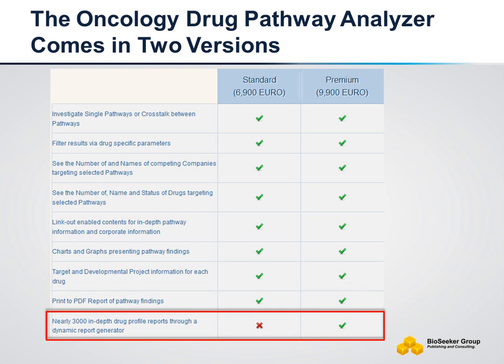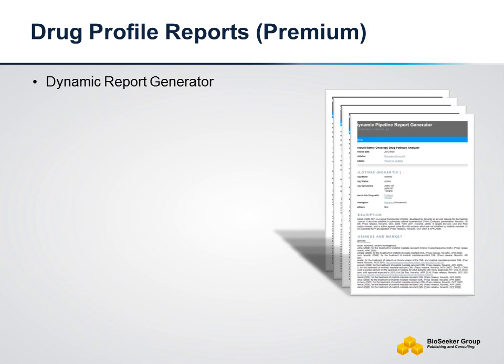The additional great feature of the premium version is that it also gives you instant access to almost 3,000 up-to-date and extensive drug developmental profiles. The dynamic report generator for the premium version lets you print single drug profiles as well as multiple drug profiles matching your criteria.